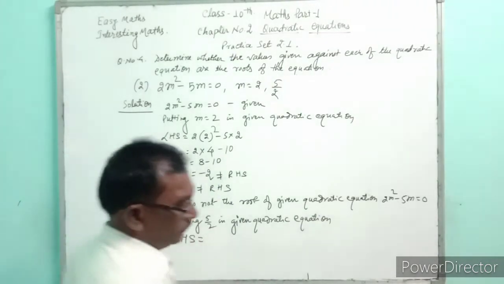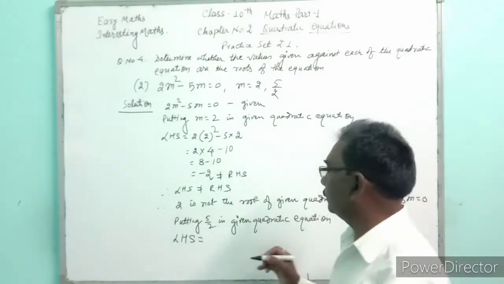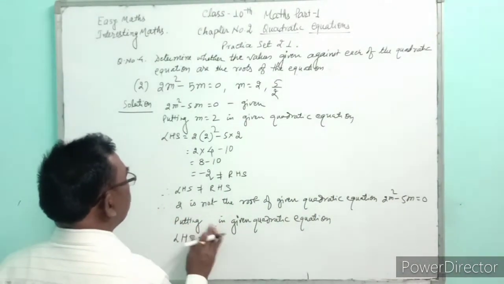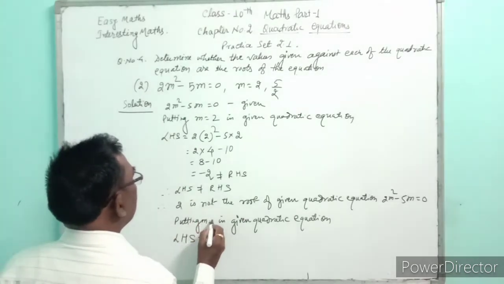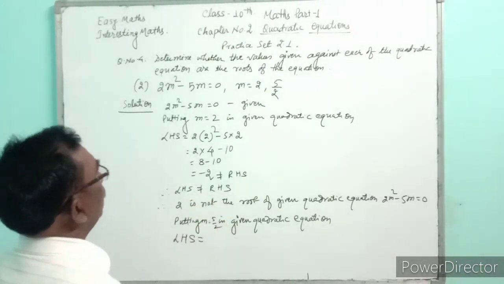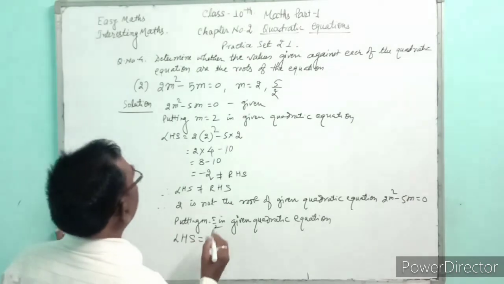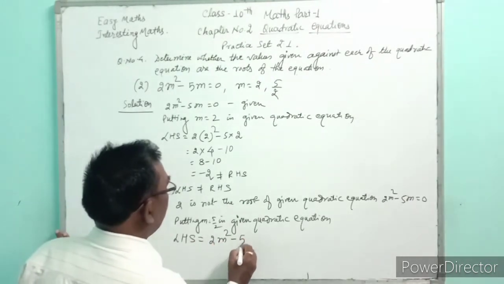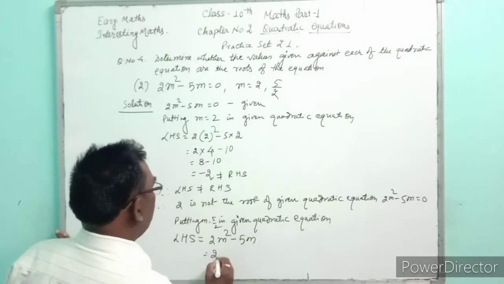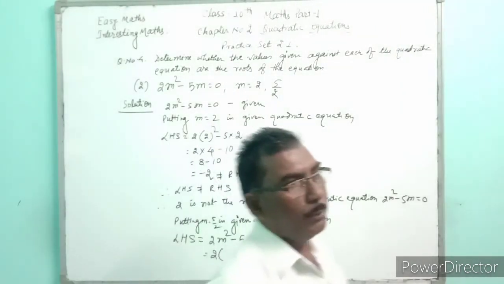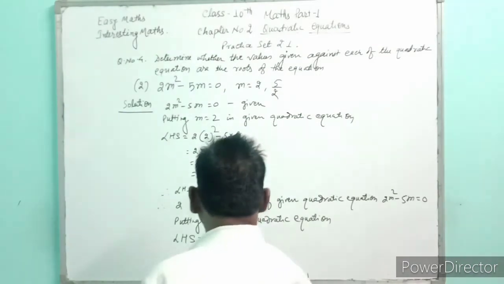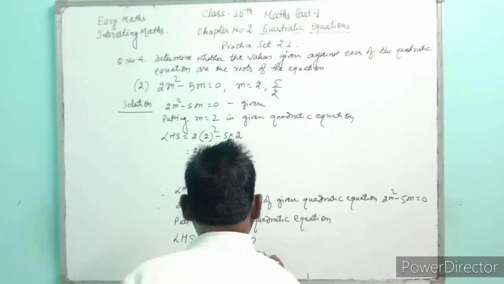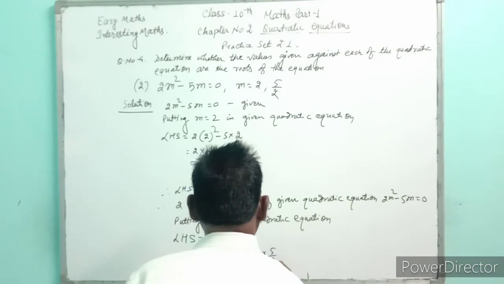Left hand side is equal to, putting m is equal to 5 by 2, left hand side 2m square minus 5m. 2 into the value of m is 5 upon 2. So 2 into (5 by 2) square minus 5 into 5 by 2.